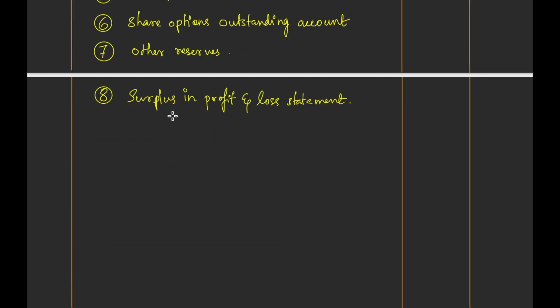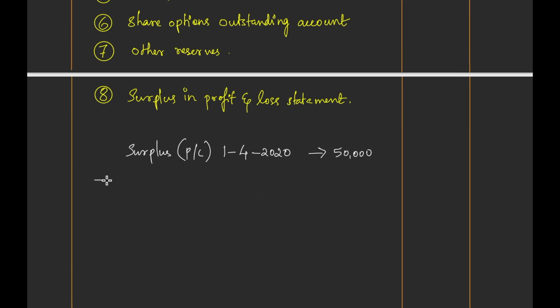Next one is surplus in the statement of profit and loss. While disclosing surplus in the notes to accounts, we should also disclose the allocations and appropriations of this surplus. For example, surplus in the profit and loss account in the beginning, that is on 1st April 2020, is 50,000.